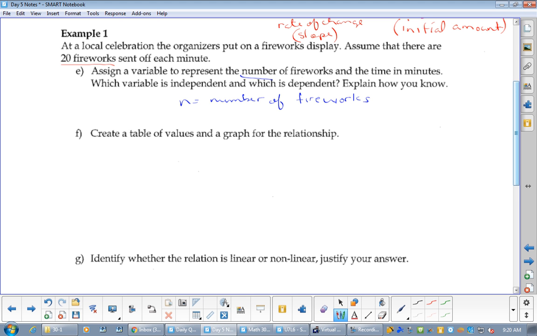Okay, and then a nice common one for time is usually T, time in minutes. T is such a standard variable across physics. You guys haven't got into that in science, have you?